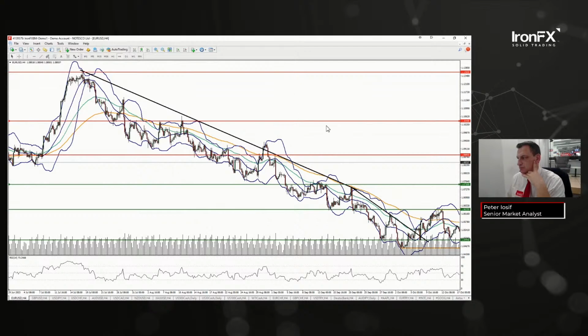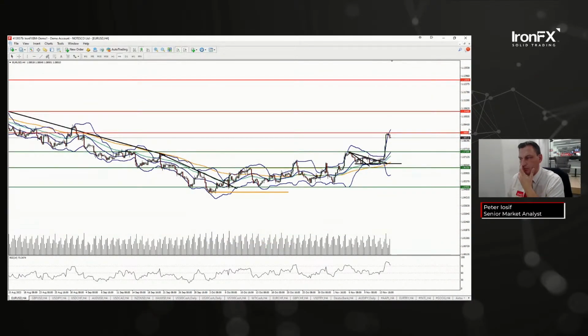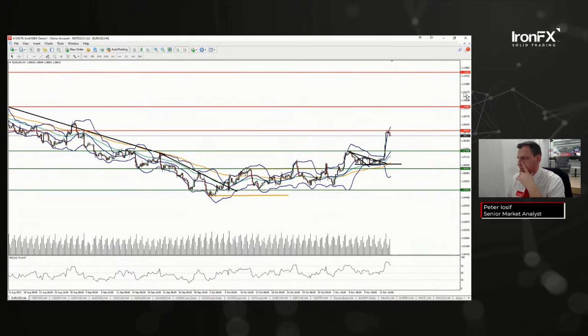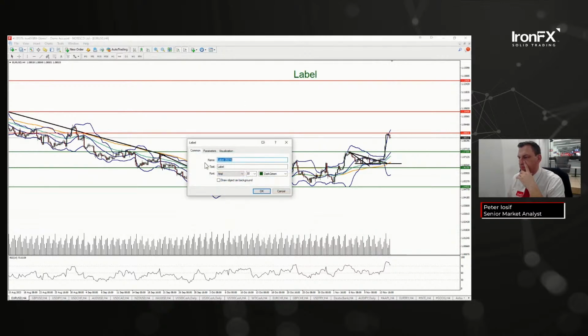Let's also add some labels and make everything more visible. Let's start with EUR/USD.